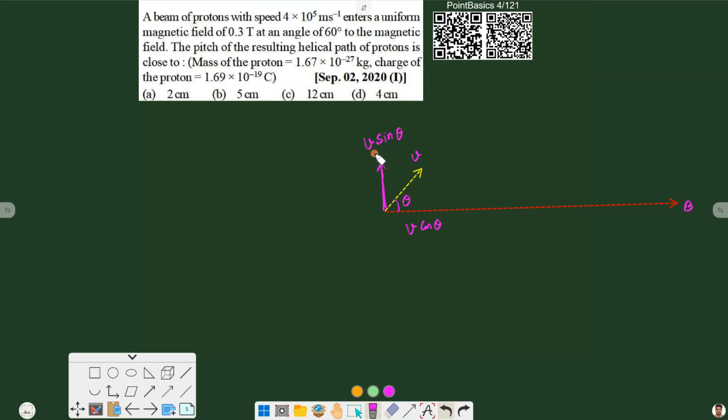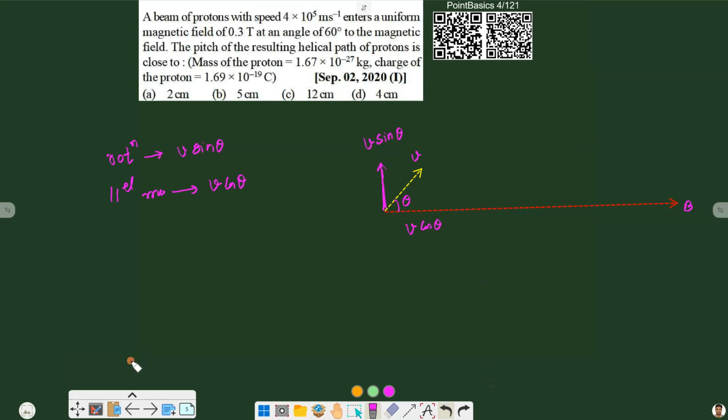Now this v sine theta component will decide rotation, and the horizontal or parallel movement will be decided by the v cos theta component. When the particle is rotating, it will have some time period, and that time period is decided by this v sine theta component.